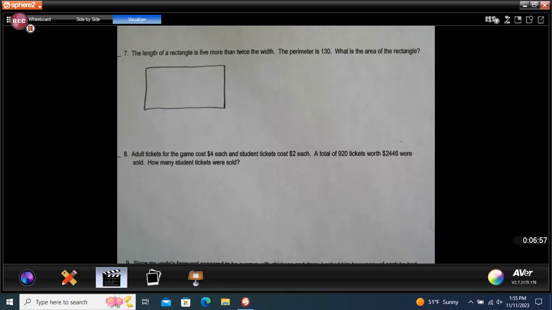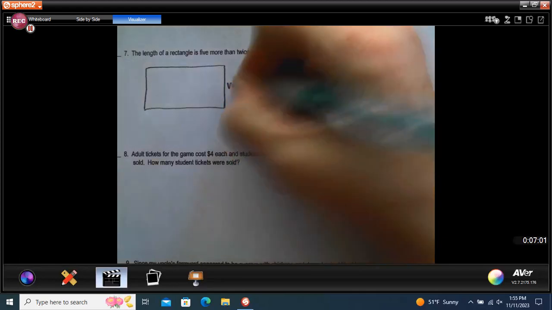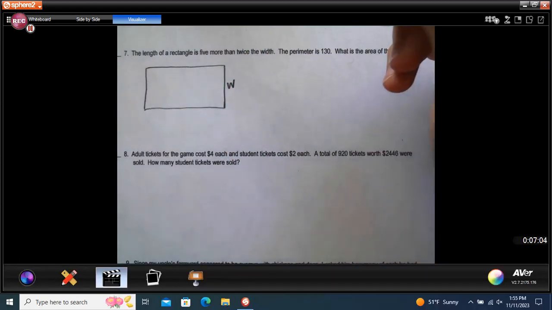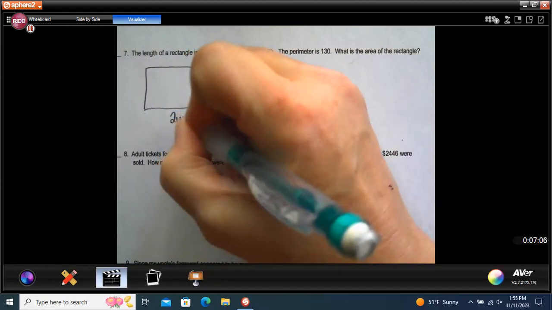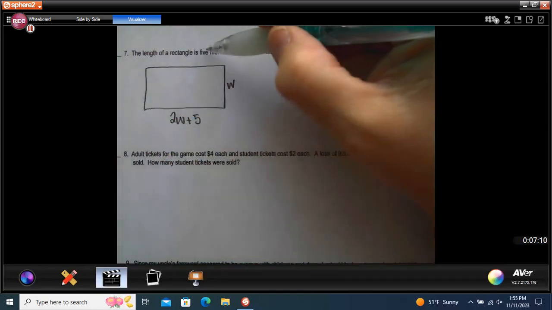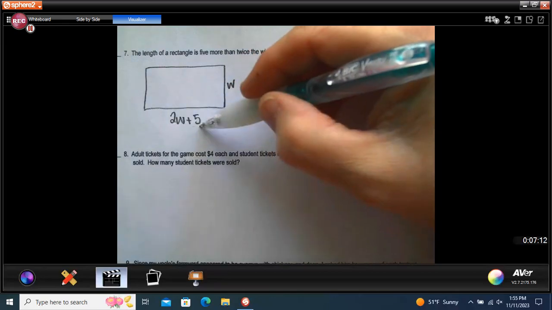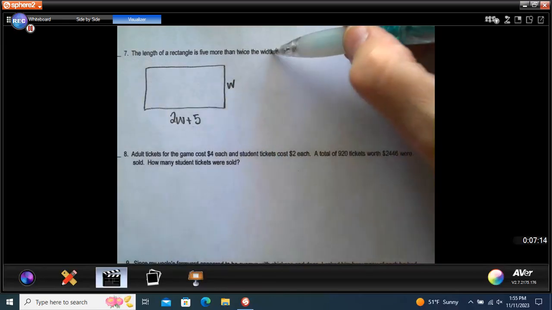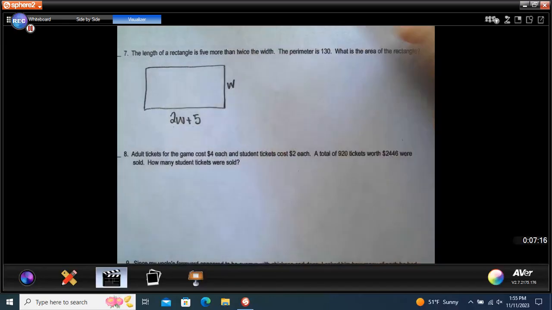that. I would rather just say the width is W and the length is 2W plus 5, because it says the length is 5 more than, that's my plus 5, twice the width, that's my 2W, and the perimeter is 130.